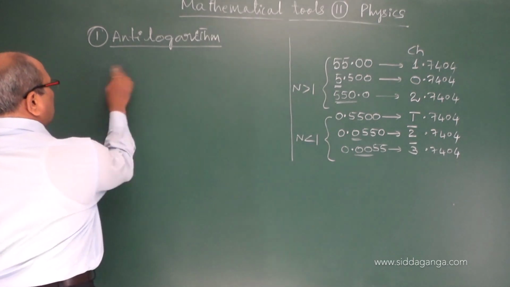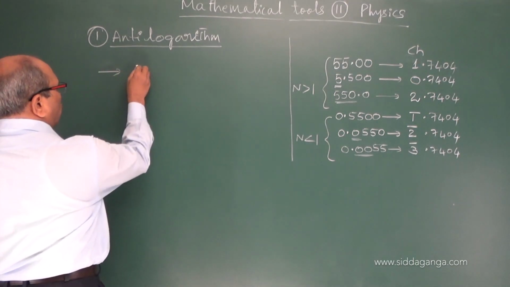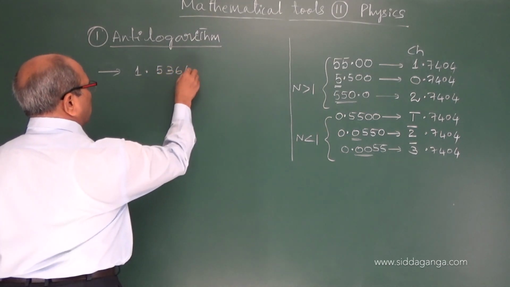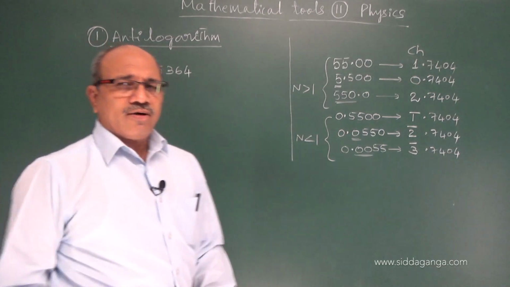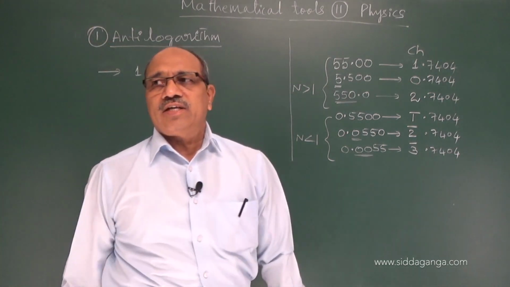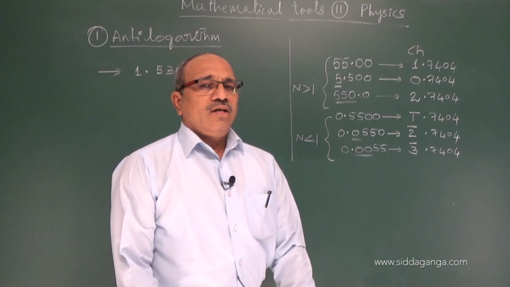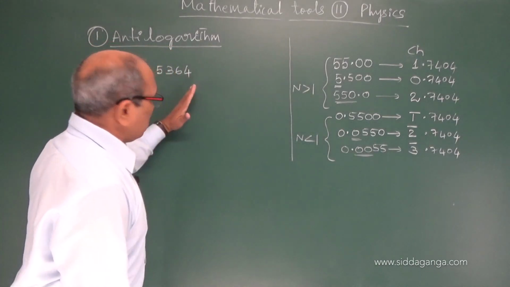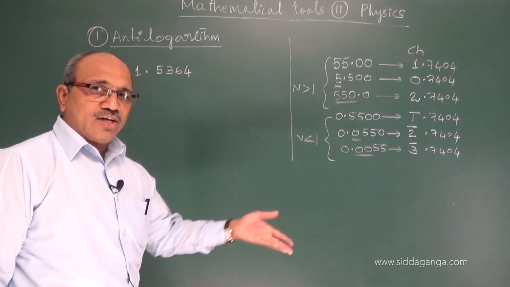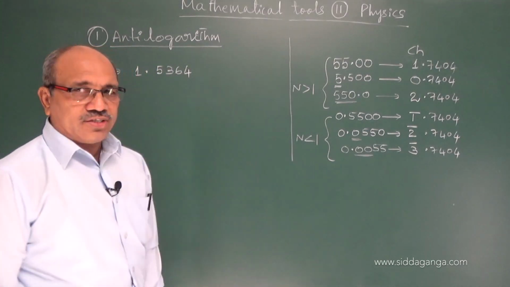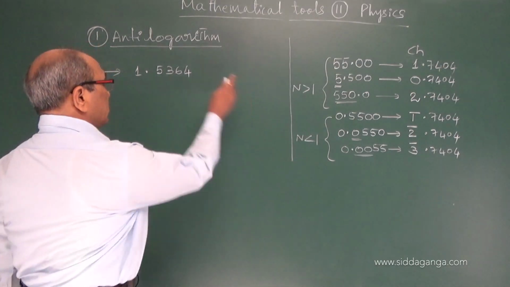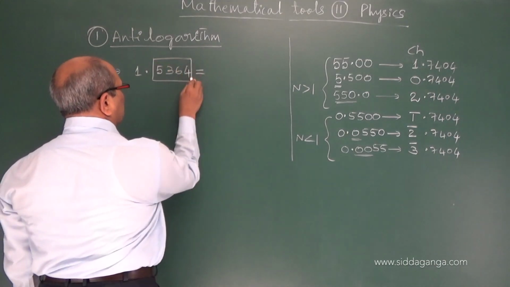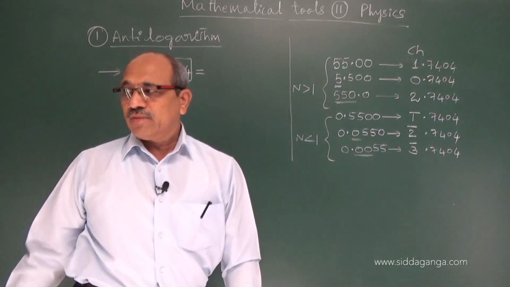Let me take, for example, 1.5364. After some simplifications, I arrived at that value. Now I want to know its actual value. It is in the log form. I have to apply the anti-logarithm to bring it back to the original form. So first concentrate only on the mantissa part in the anti-logarithm.